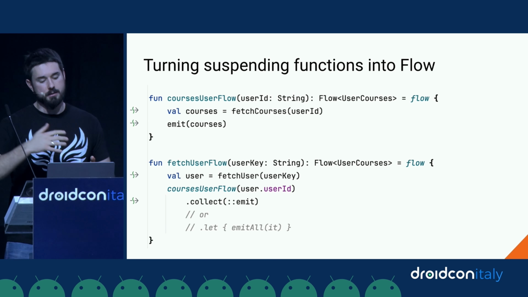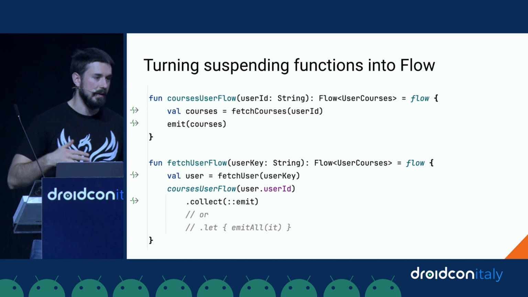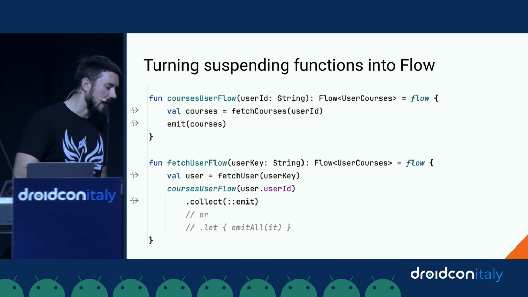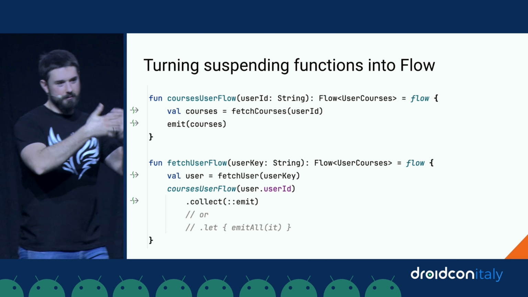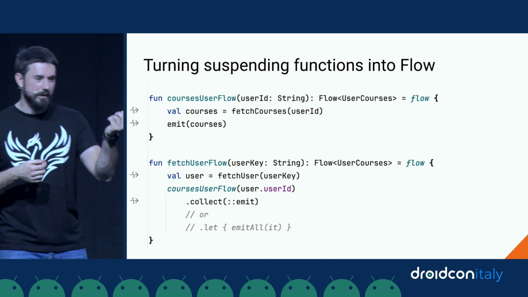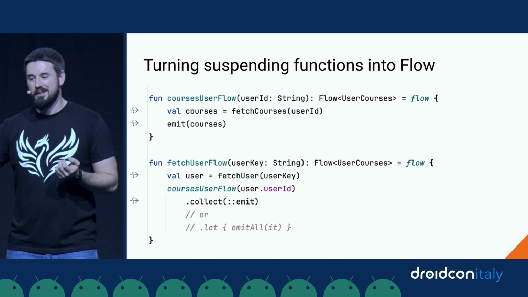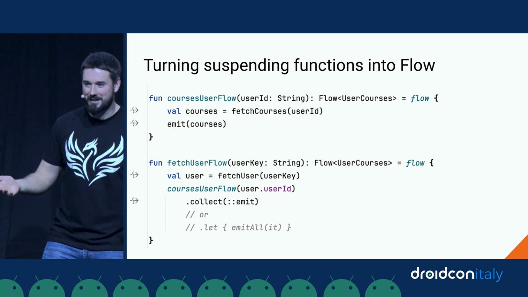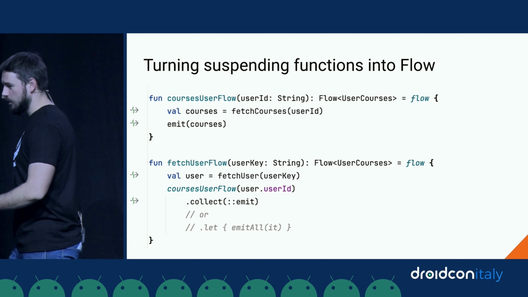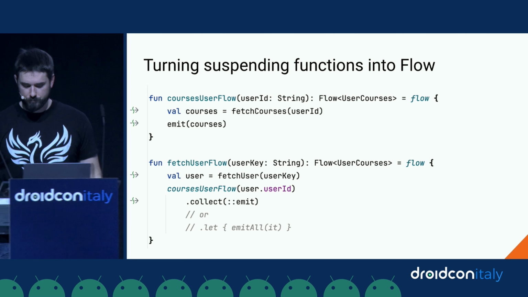You either use collect and emit, or use emitAll. In theory, we shouldn't need this pattern too much because it's very much mixing two worlds, the suspending calls and flow calls. In practice, I see a need for that quite often, so I'm presenting it to you so that you know what to do if you need that.